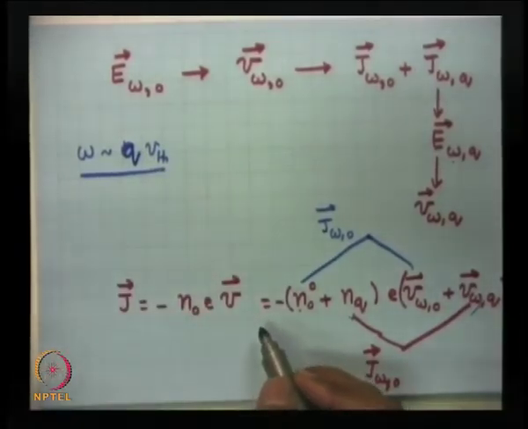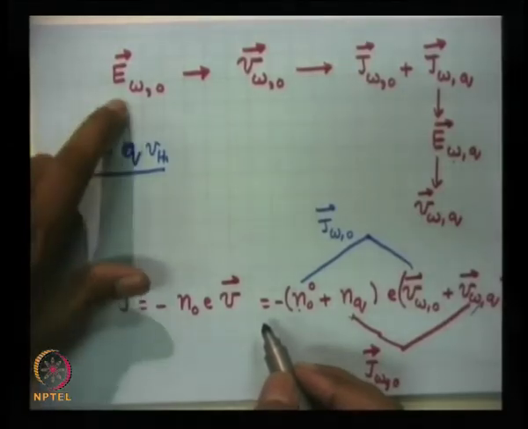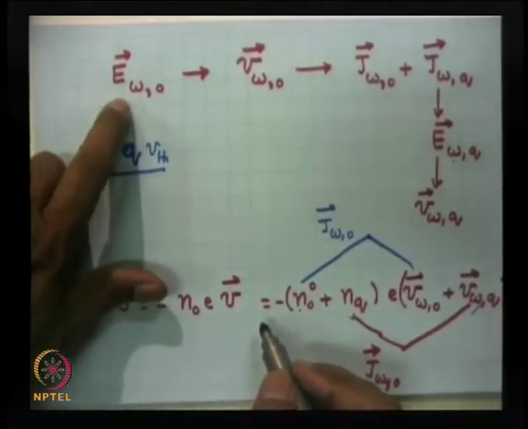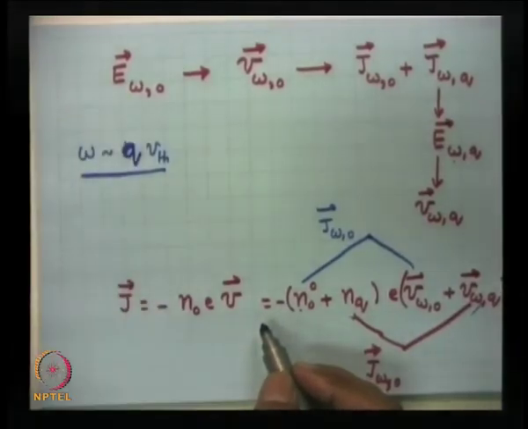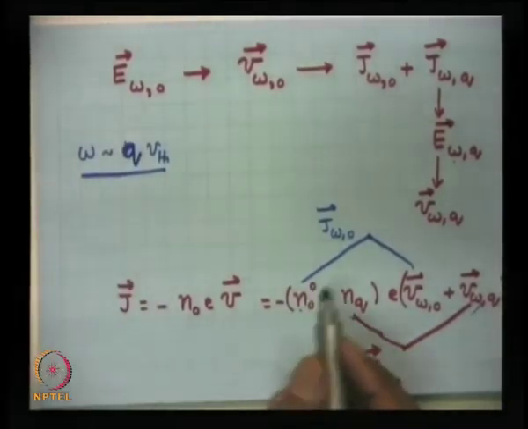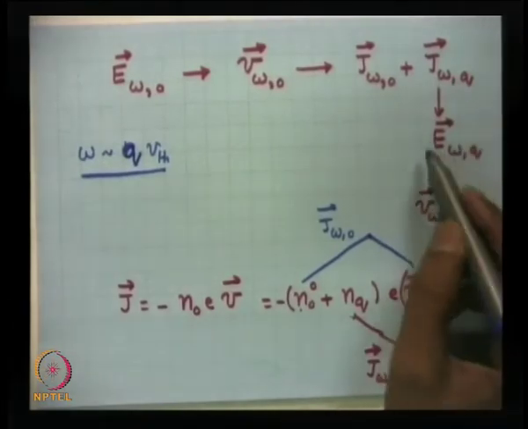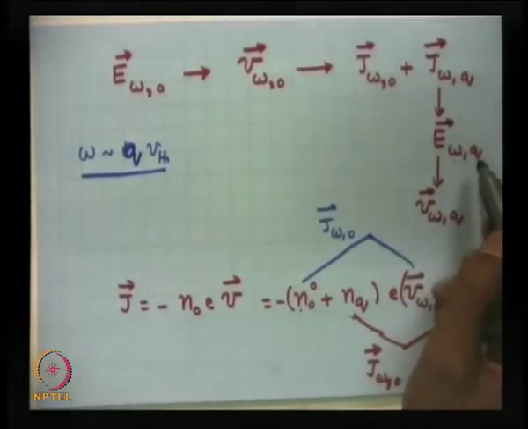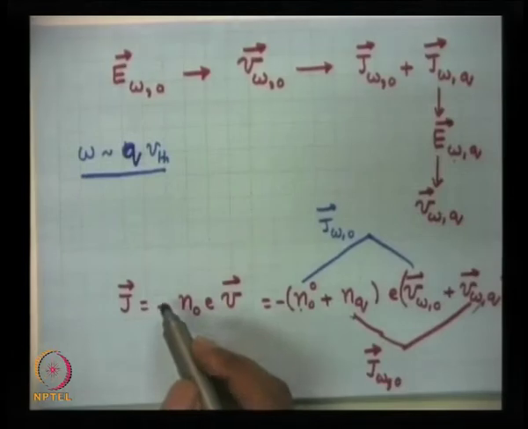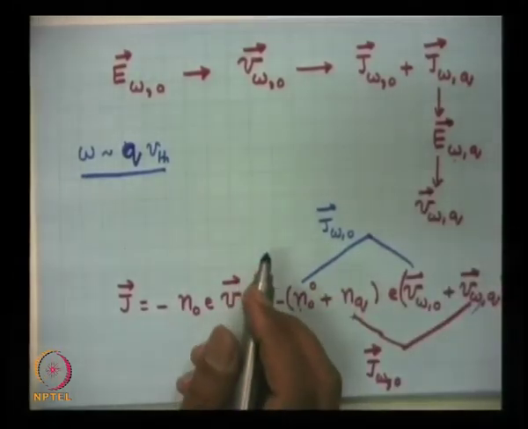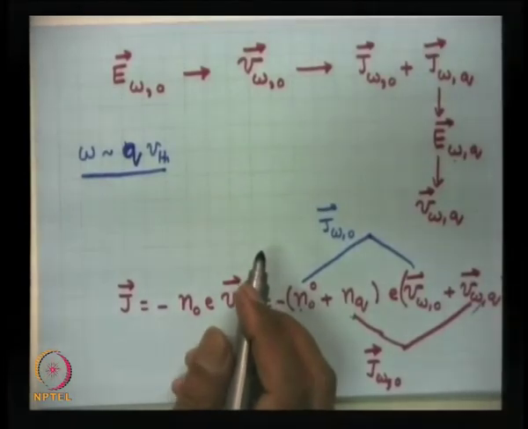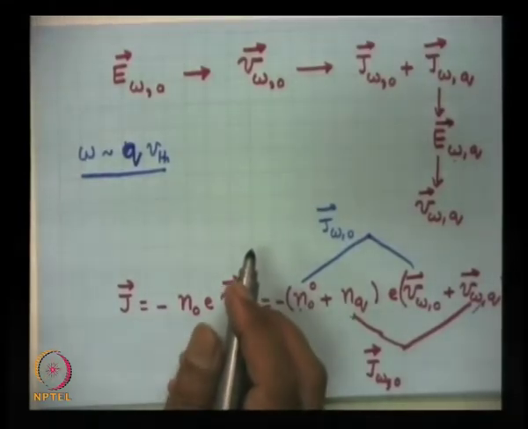So, physically what is happening? Whenever you launch an electromagnetic wave of frequency omega into a plasma, it produces in a ripple density plasma a quasi electric field at frequency omega and q wave vector, and that electric field feeds energy into the electrons by Landau damping.